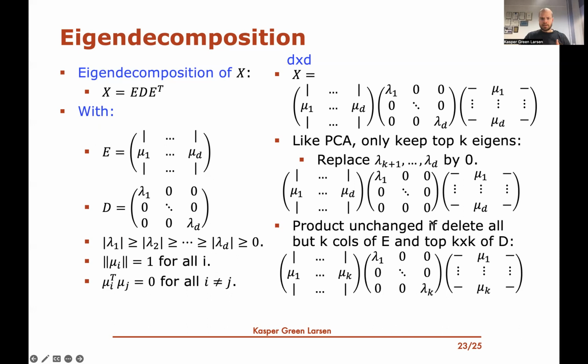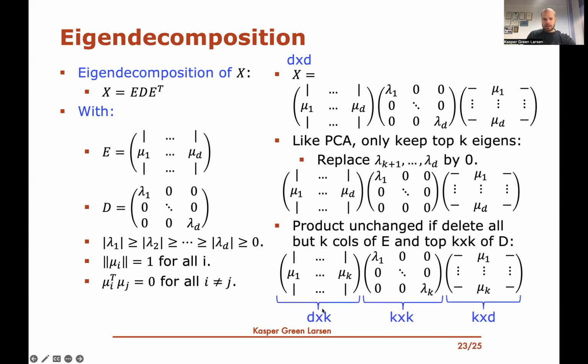And what we see here is that everything is unchanged if we delete all but k of the columns of E. Because I have zeros everywhere but the first k, this basically corresponds to zeroing out all but the first k columns of the first matrix and all but the first k rows of the last matrix.